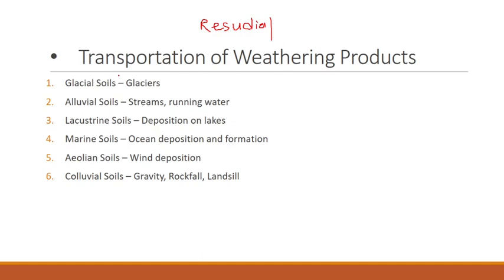The transported soils may be classified into several groups, depending on their mode of transportation and deposition. First group is glacial soil, most famous example is glaciers.